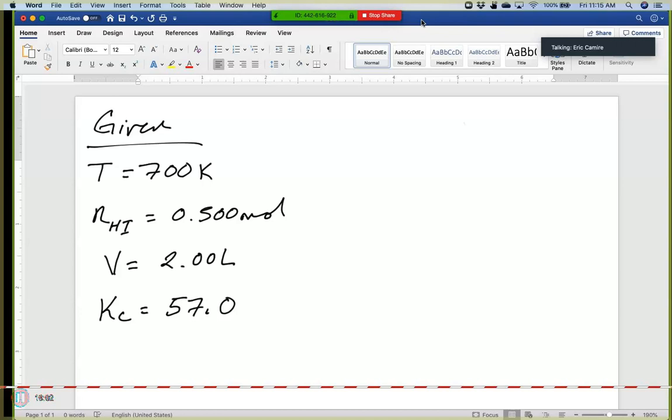Just before we even start, and I've made a decision now, this is from previous slides that I've had, where I've given you a little bit extra work to get you guys thinking. I know it's hard doing this remotely. So I'm not going to do this in the future. What I've done is effectively given you concentration, but I broke it apart, right? Our definition of molarity is moles per liter. So even though I told you the number of moles of gas and the volume that the gas is in, that's effectively giving you concentration.